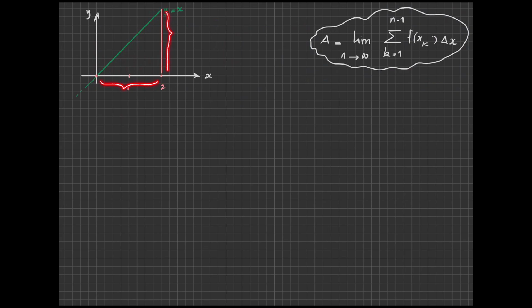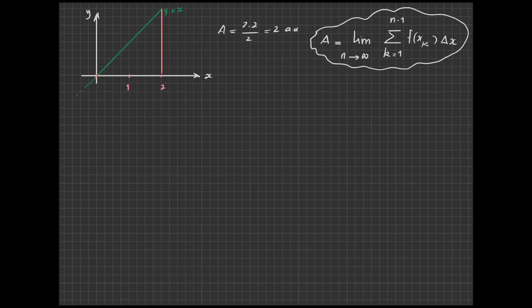It's also 2, because y is equal to x. So this is also 2. And if I ask you what the area is, because this is a right angle triangle, this is just 2 times 2 divided by 2, which is 2. Yes, so we already know that the area is 2 times 2 divided by 2, which is 2 area units. So we already know.